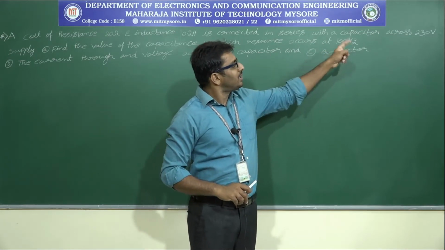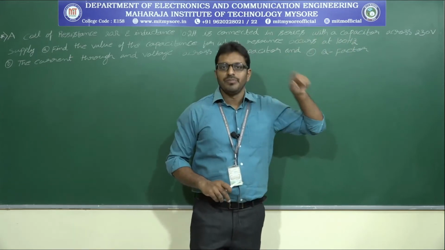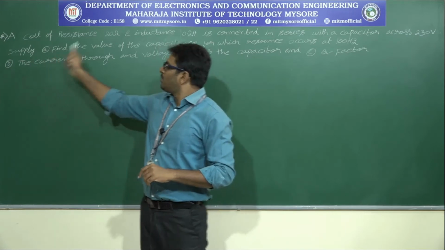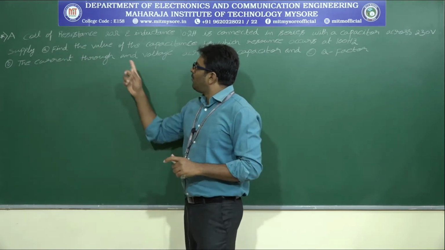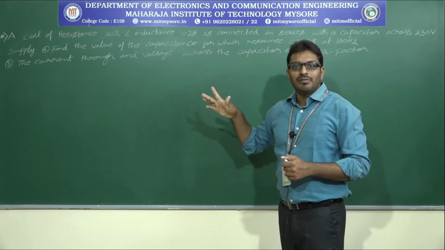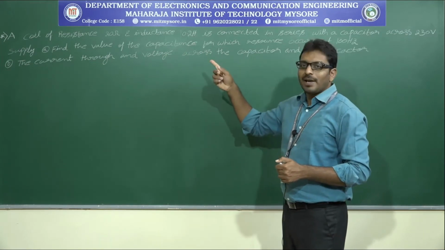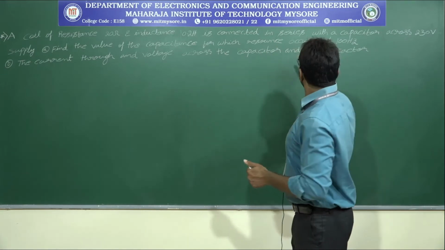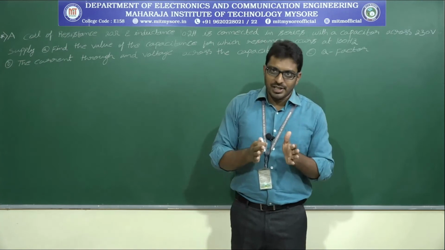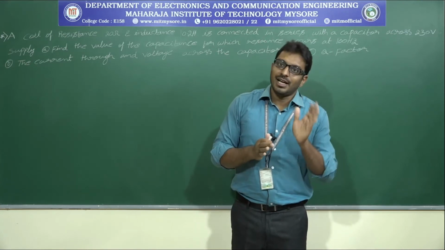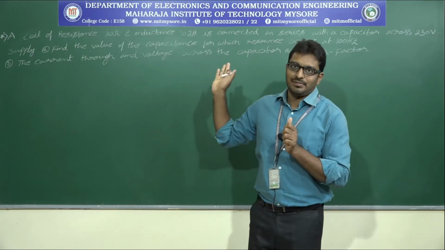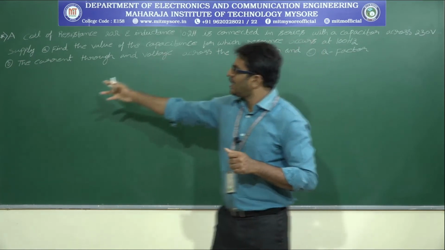Connected across a 230 volts AC supply. The first part of the question is find the value of the capacitance. So, capacitance value is not given. So, we need to find out what is the capacitance value for which resonance occurs at 100 Hertz. Say if the resonance frequency is 100 Hertz, then what is the corresponding value of the capacitance? Is that clear?